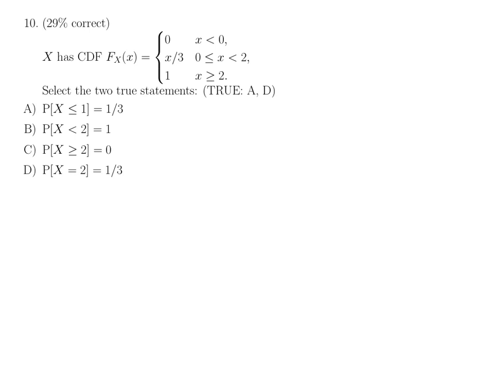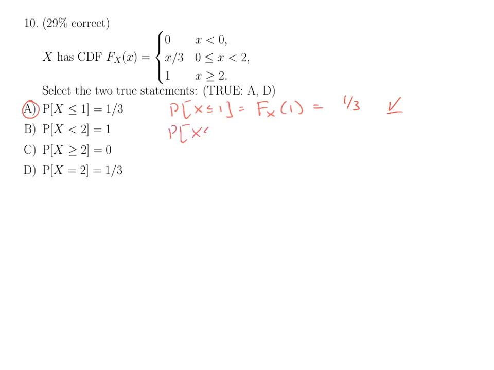So for instance, for part A, the probability x is less than or equal to 1 is the CDF at 1. And then if you study the three cases carefully, it's the middle case. So it's 1/3. So A is correct.